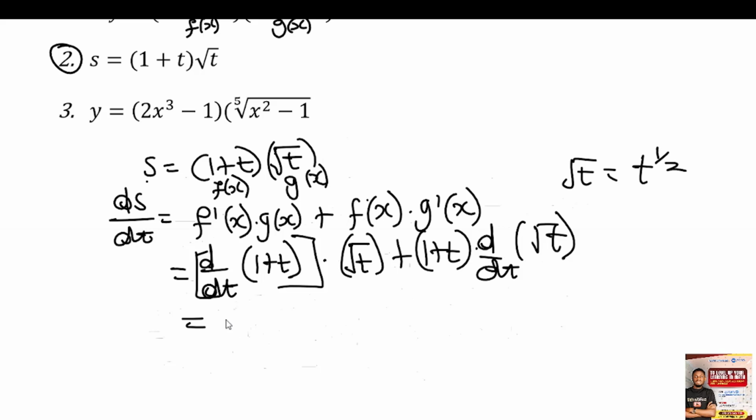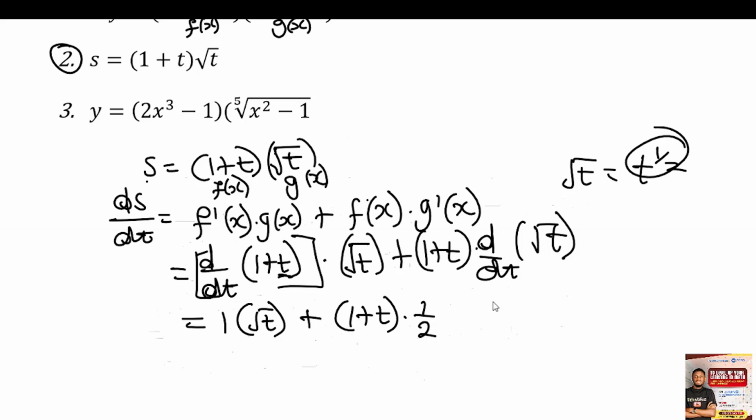For that matter, if we differentiate the first function, we are going to have the differentiation of this one gives us 1 times root t plus, then we keep this one constant, 1 plus t, then we differentiate this one. So when we differentiate this one, we're going to have 1 on 2. So we multiply the coefficient of t by half.